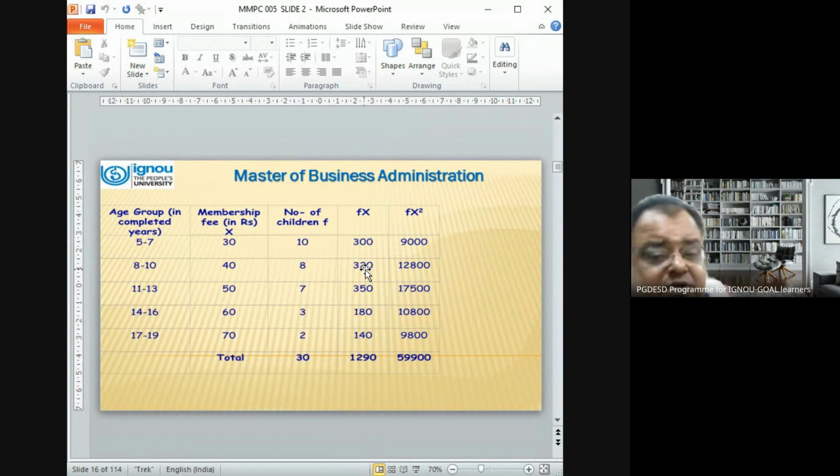These two columns will be generated by multiplying and by squaring. So we will get three numbers at the bottom. There are 30 children, summation of Fx is 1290 and summation of Fx square is 59,900.